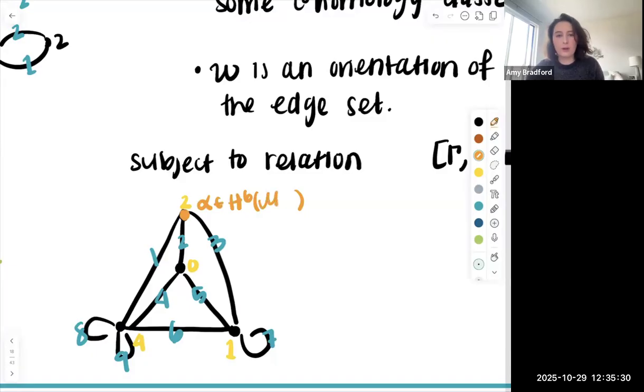Well, I'm going to use one of my moduli spaces of curves. I'm going to say this is M, and then I look at the weight on the vertex, 2, and then I look at the valence of that vertex, which is 3 in this case.